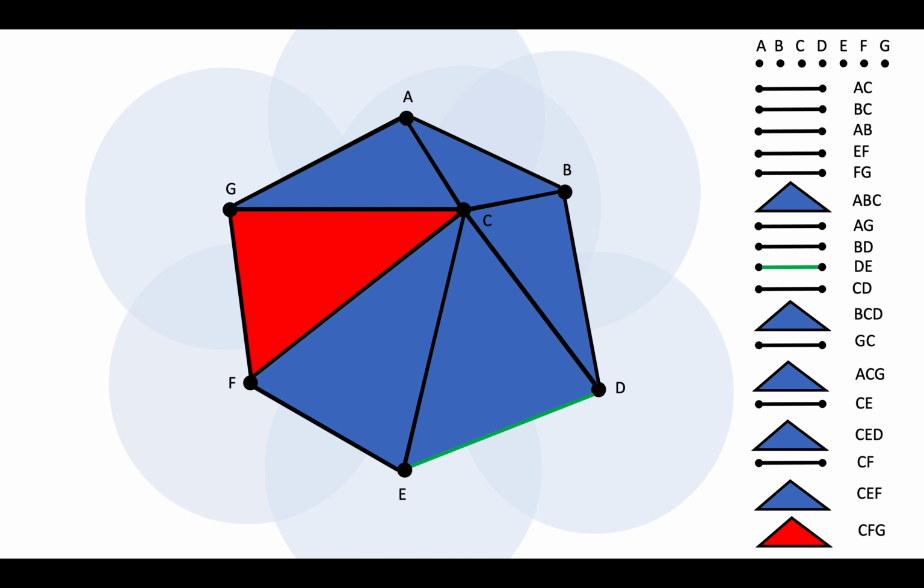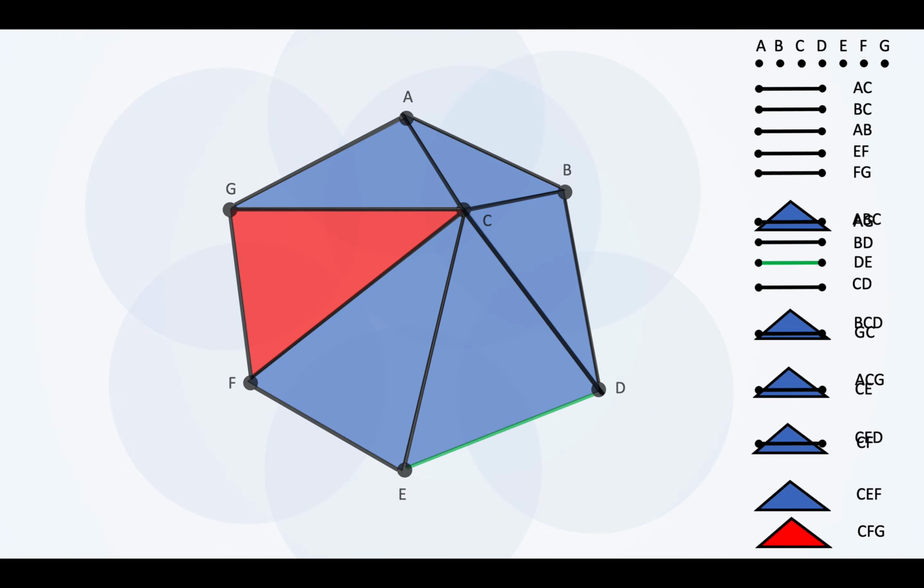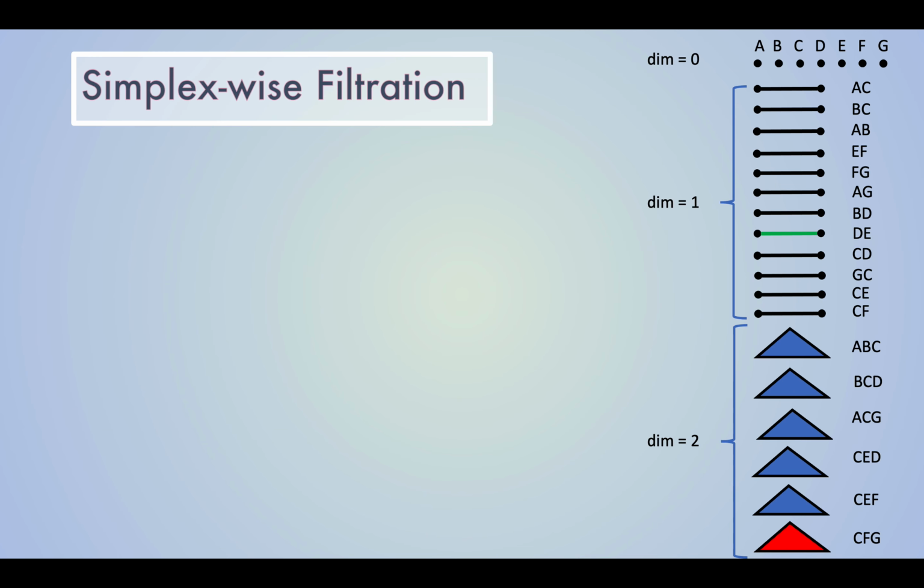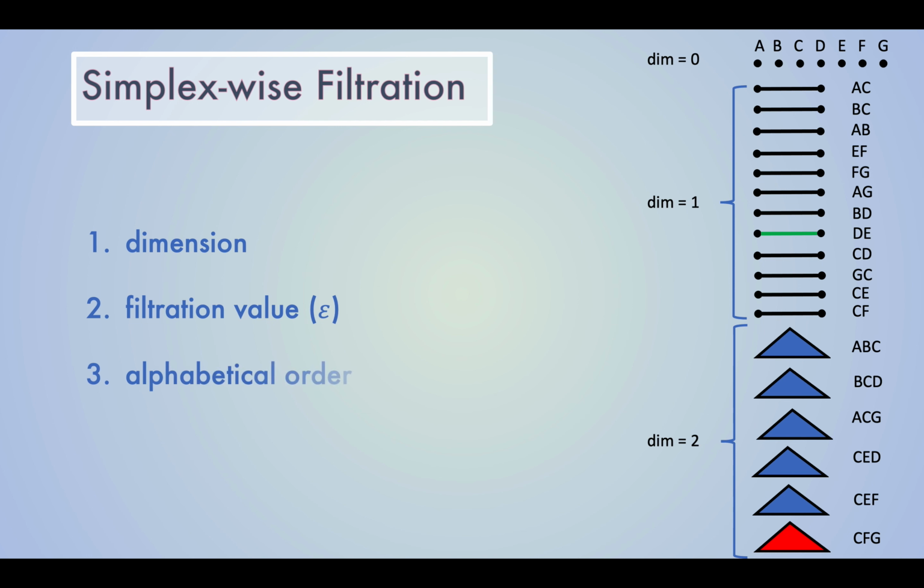Note that there could be multiple triangles born at a single filtration value, but we impose an order on them so that we have a simplex-wise filtration. The simplices are first ordered by their dimension and then by their filtration value, or the radius of the balls, epsilon. And lastly, we arbitrarily break ties by alphabetical order.